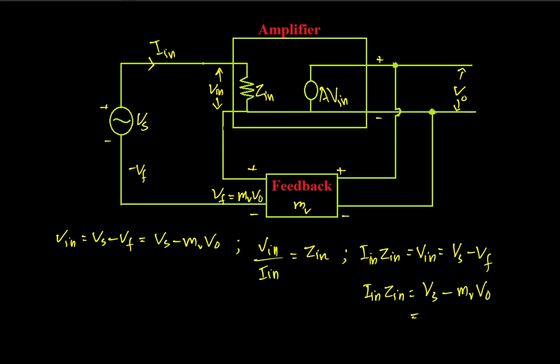But V0 from here is A into Vin. From here we can say that V0 is nothing but A into Vin. So this is Vs minus Mv into A into Vin, or usually it is a voltage gain, we represent it by Av. So it is Av into Vin.